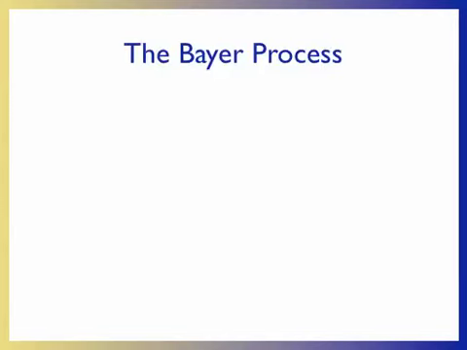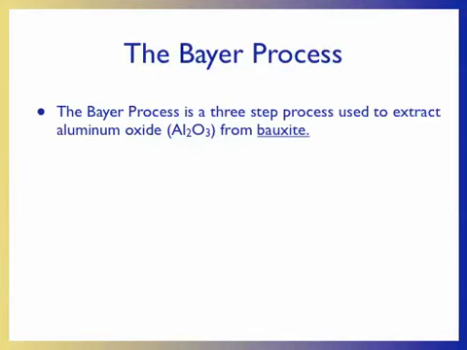There are a couple of chemical processes that we can use to do preliminary treatment on different ores. One such chemical process is called the Bayer process. This is a 3-step process that is used as a preliminary treatment for extracting aluminum from bauxite, its major ore.